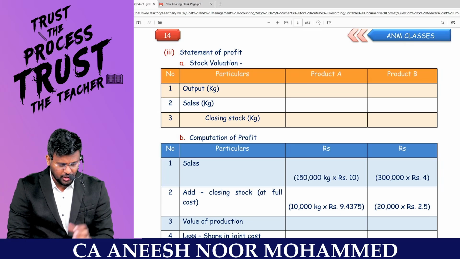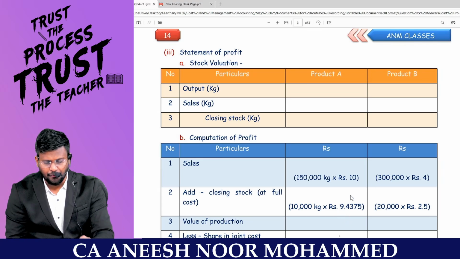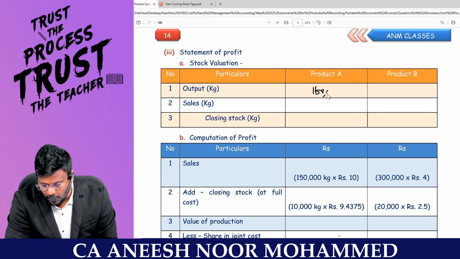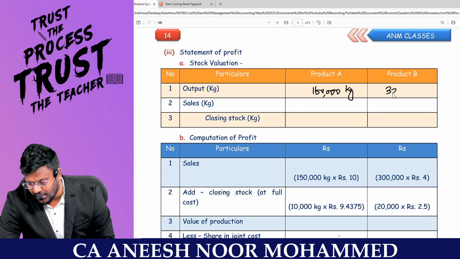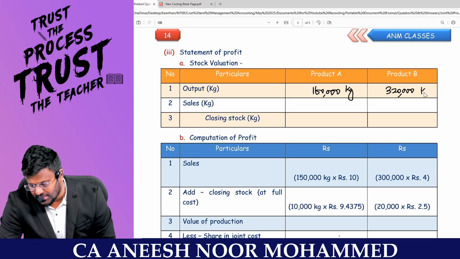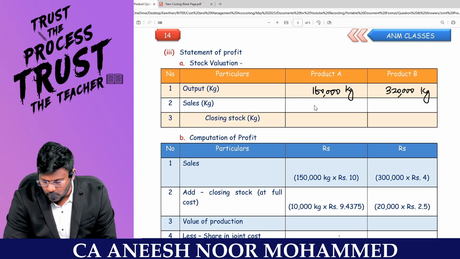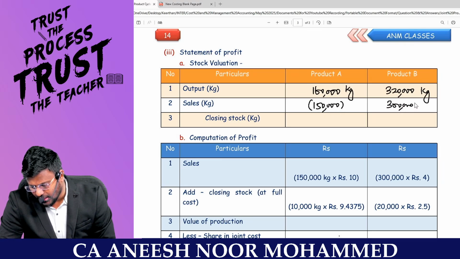So in the question, they specifically told that they were having an output of 1,60,000 kg, right? Look at the question. 1,60,000 kg is the ultimate product A and 3,20,000 kg is the ultimate product B. Out of that 1,60,000 kg, they sold 1,50,000 kg and they sold 3 lakh kg.